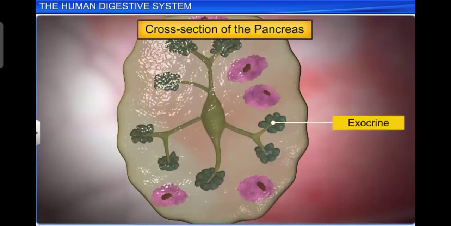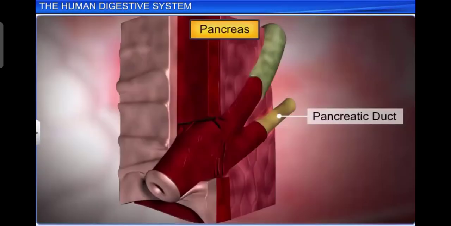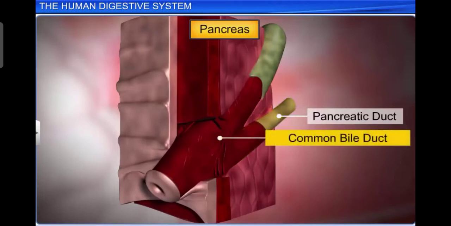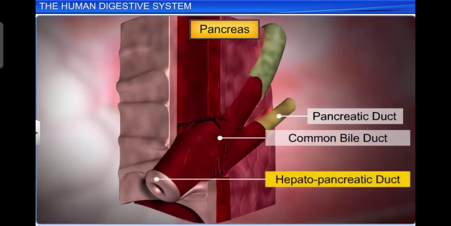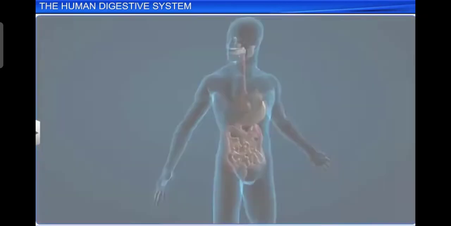The exocrine portion secretes alkaline pancreatic juice containing enzymes, and the endocrine portion secretes hormones, that is insulin and glucagon. The bile duct and the pancreatic duct open together into the duodenum as the common hepatopancreatic duct, which is guarded by a sphincter called the sphincter of Oddi. So this is all about the pancreas.